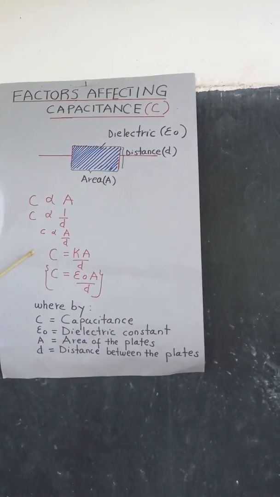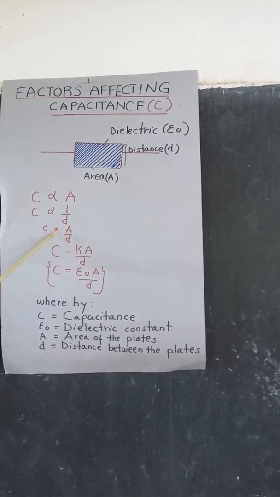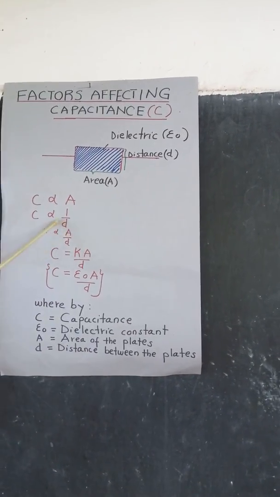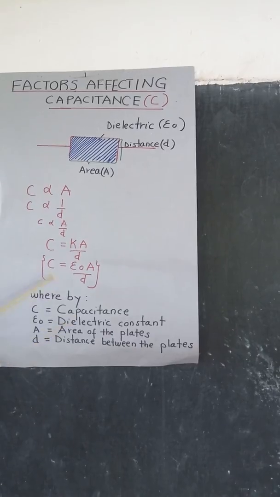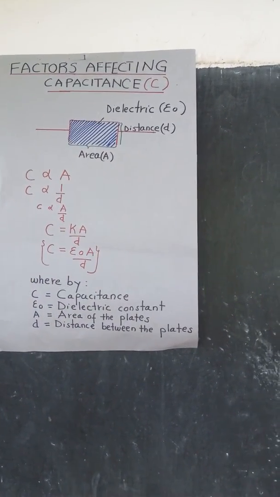When we combine these, we get that capacitance is proportional to area and inversely proportional to distance. So we remove the proportionality sign, and we get capacitance is equal to a constant times area over distance.